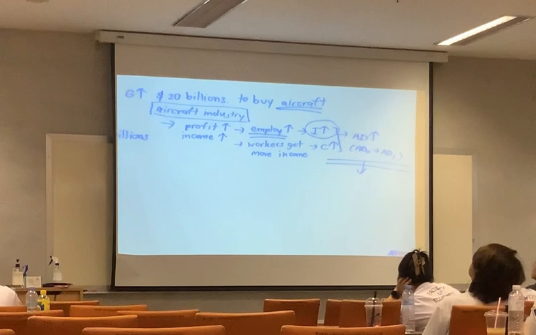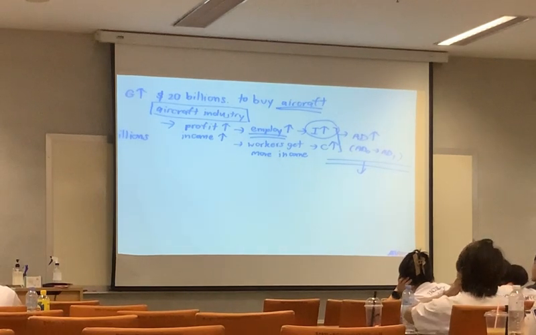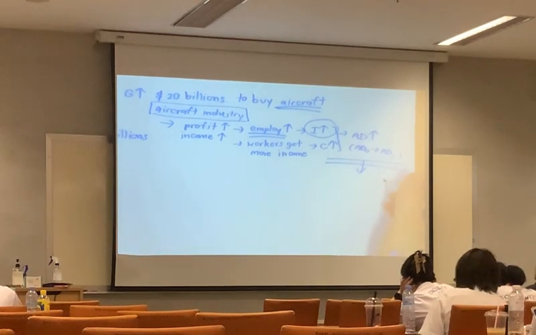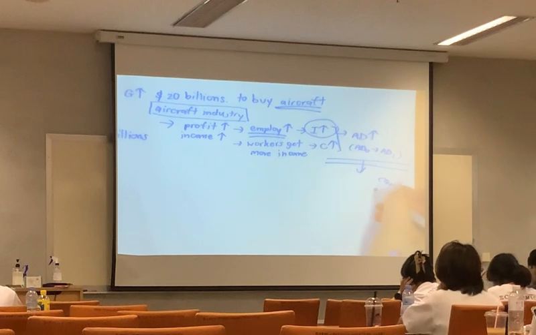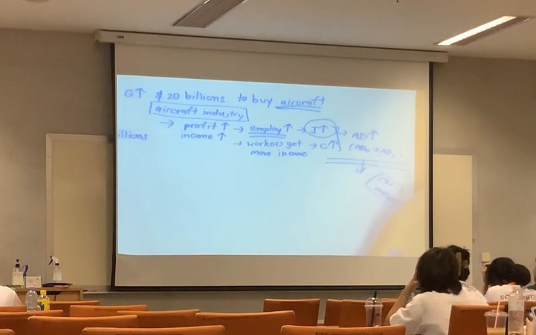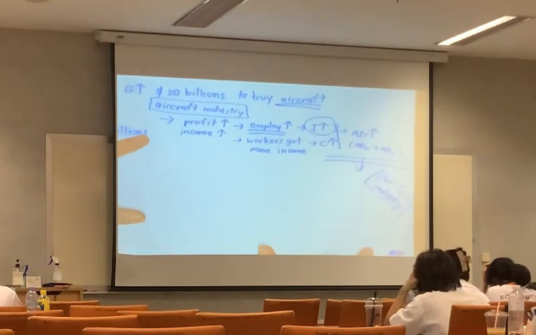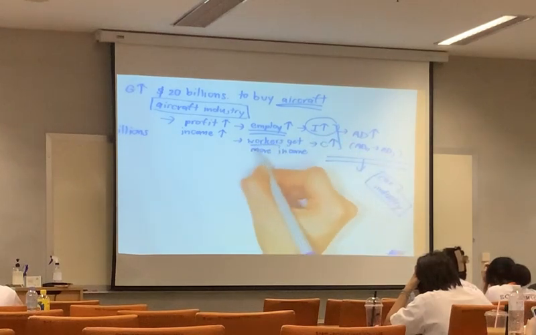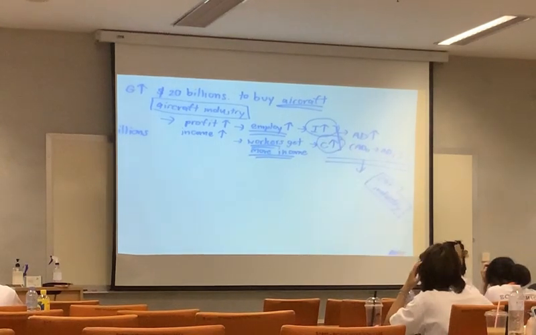If they invest more, they buy more trucks or cars in order to use in their company, because they get income. Or a worker, for example, gets more income, they can consume more, right? So they can expand their consumption to buy a car.